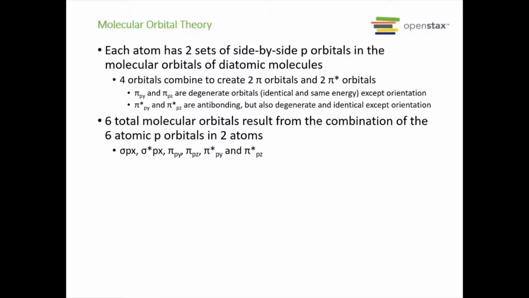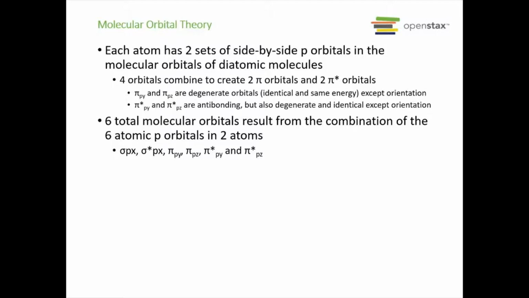So remember, degenerate orbitals are identical in energy except orientation. And the pi star py and pi star pz antibonding orbitals are again degenerate and identical except for their orientation. If you have 6 p orbitals in two atoms, you get 6 molecular orbitals. So notice the number of molecular orbitals is the same as the number of atomic orbitals.